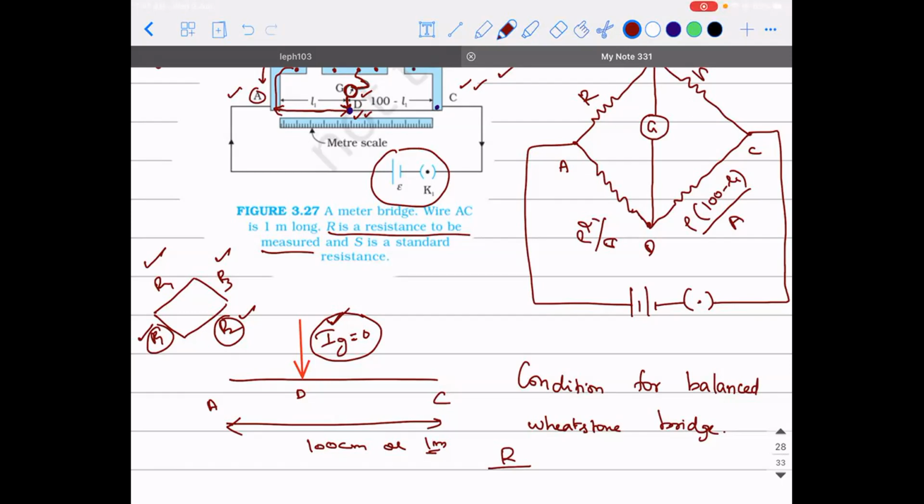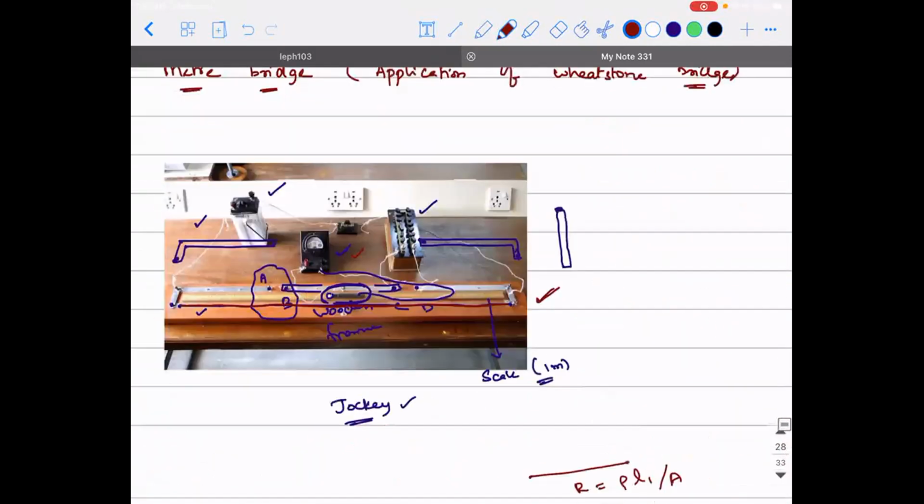Okay. So R1, R2, R3, R4 is there, no? You're able to understand this? Yes. Under balance condition, R4 divided by R1 will be equal to R3 divided by R2. That's what we derived, no?